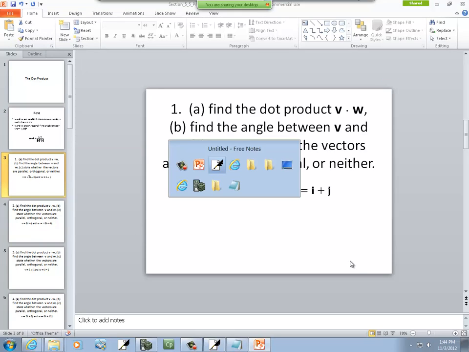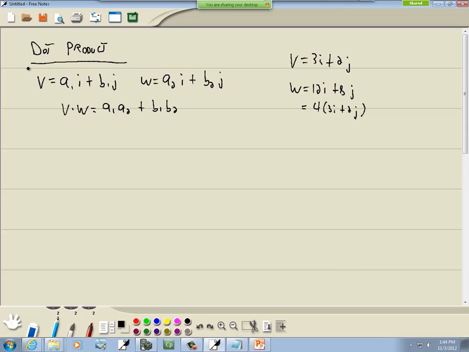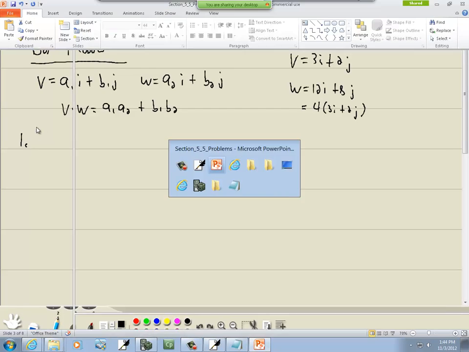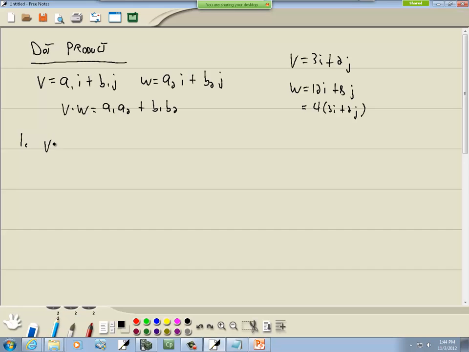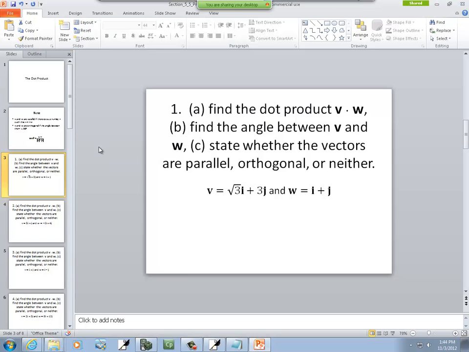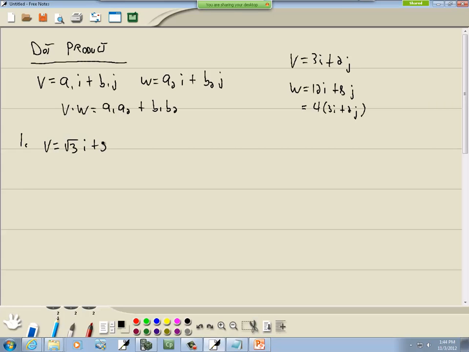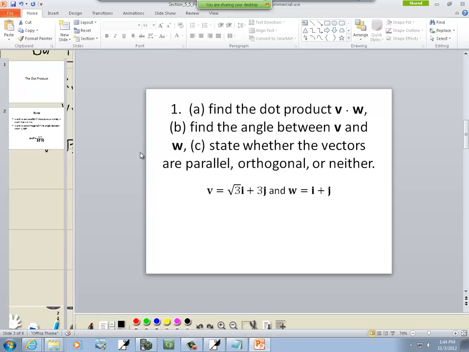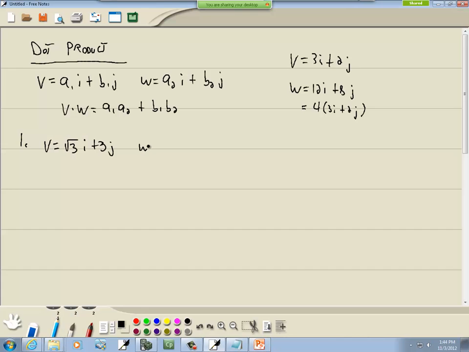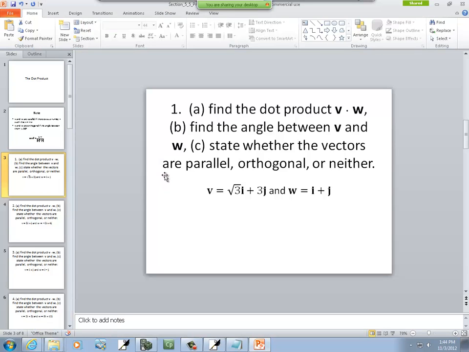Okay, let's look at our first example. We've got v is equal to the square root of 3 i plus 3j, and w is equal to i plus j. It says find the dot product.